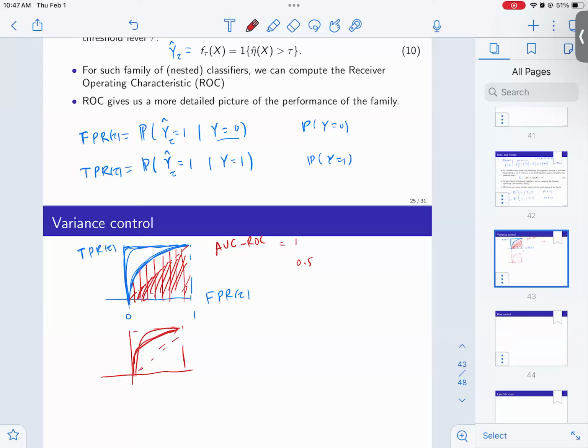Which one do you prefer is a different story; it depends on what you want. If you can tolerate false positives, this gives you better performance. If you can't tolerate them, then probably the first one is better. But it gives you the full picture, whatever you want to do.